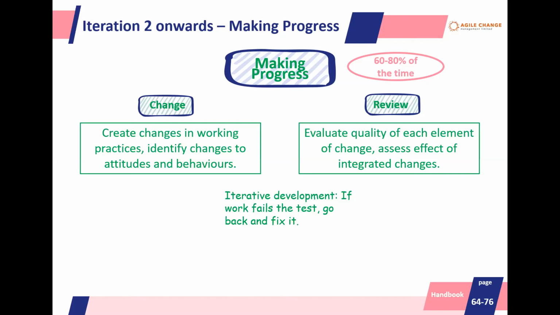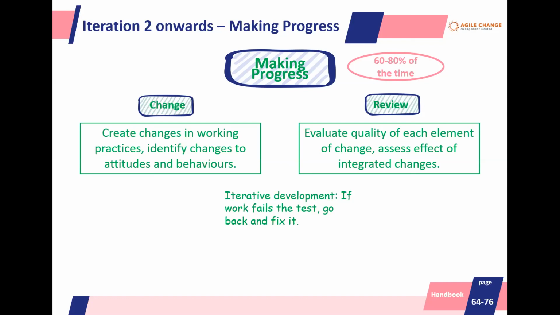All of those things are the things that we're changing. And of course, we'll review every change that we create against those acceptance criteria to make sure that it works. And it's iterative development, one of the key concepts of Agile.